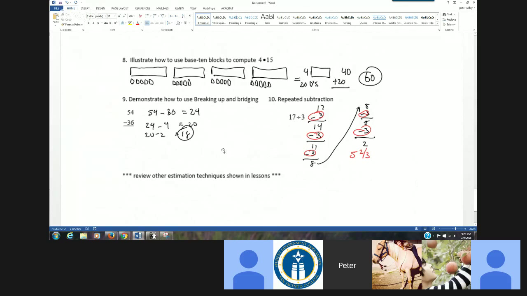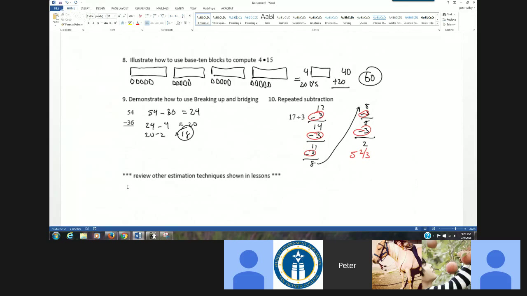And then notice my little disclaimer there. There are other estimation techniques that we've seen, things involving rounding, things involving, let's see, using the range is another method I can think of off the top of my head. So I would go through your notes on some of the estimation techniques and just make sure you're brushed up on the terminology, so that whatever particular concept I ask you about, you're able to show me you actually understand that particular method.